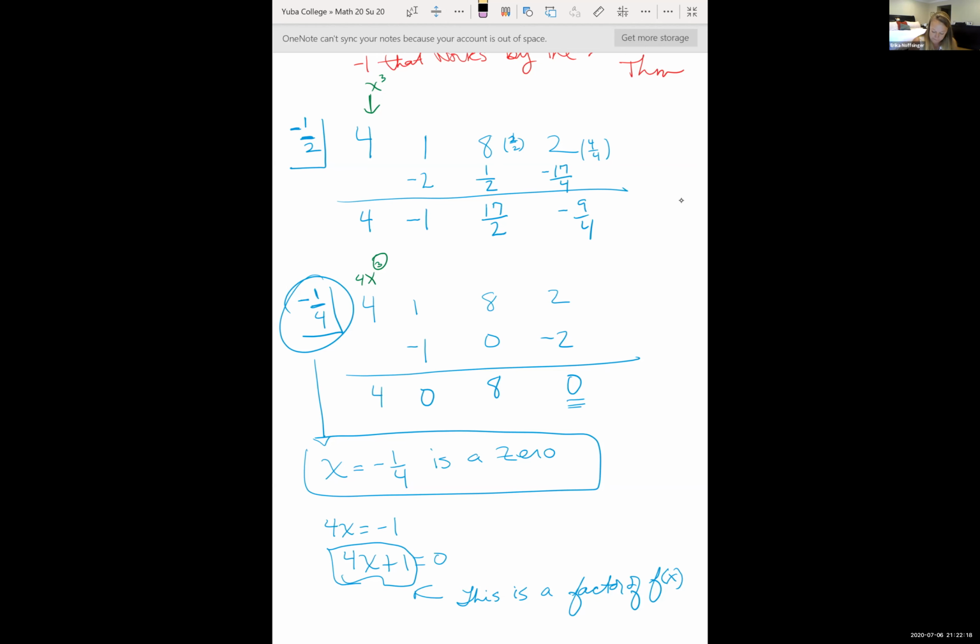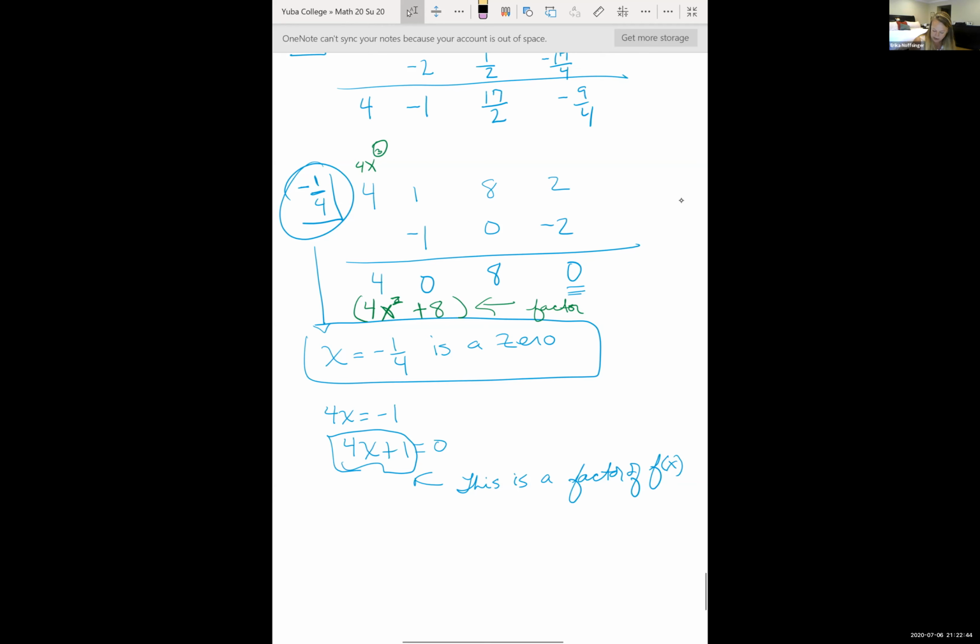So this would be a 4x squared plus 0x, I don't have to write that, plus 8.